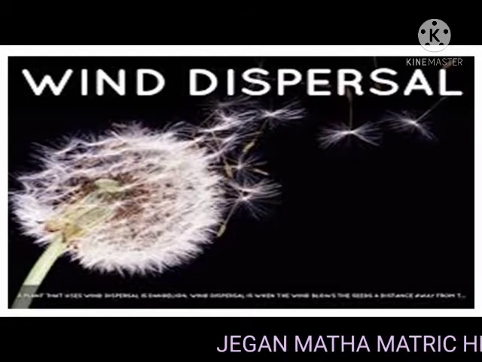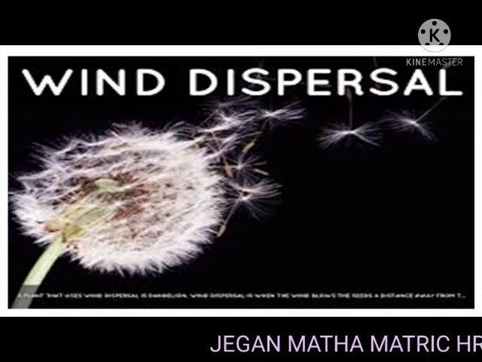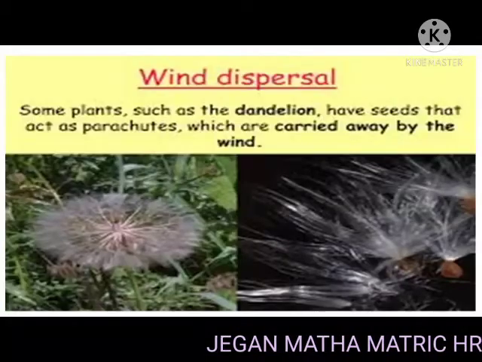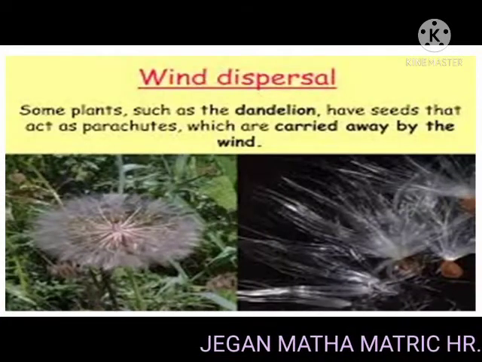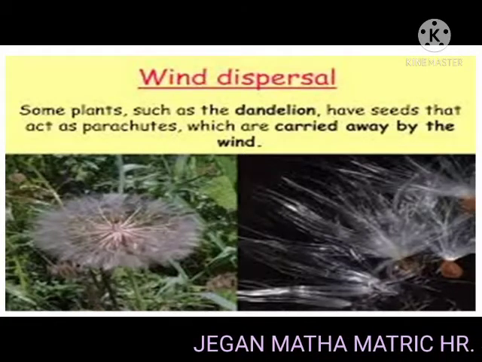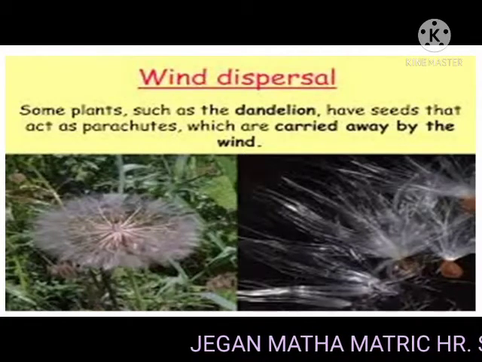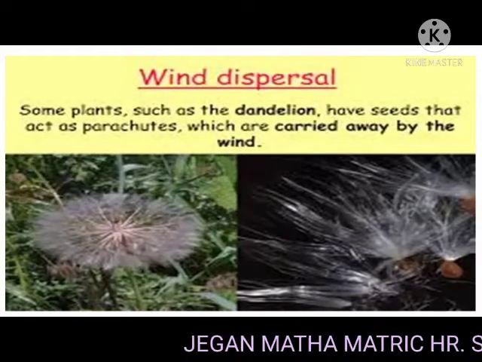Dispersal by wind. Dispersal by wind is otherwise called as anemochory. The individual seeds or the whole fruit may be modified to help for the dispersal by wind. Wind dispersal of fruits and seed is quite common in tall trees.